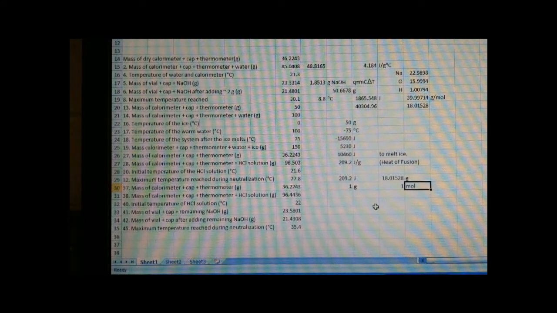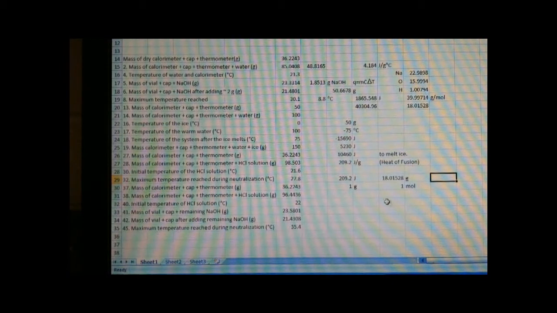Okay, so then I just need to divide this by 1,000, because there's 1,000 joules per kilojoule, and so that would be 0.2092 times 18.